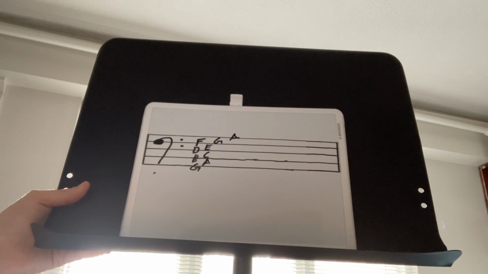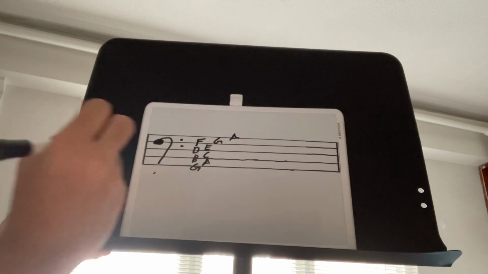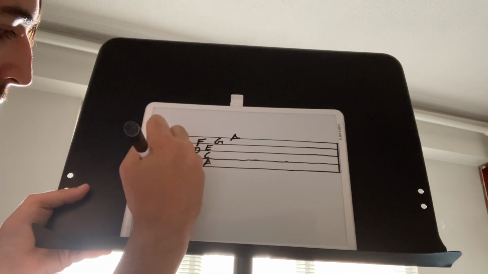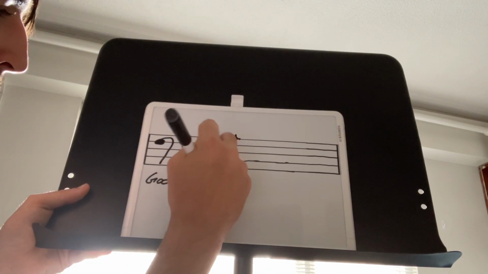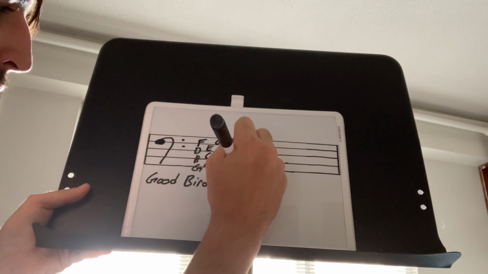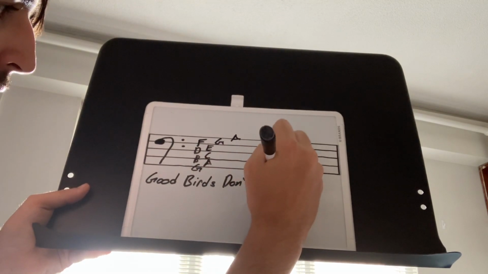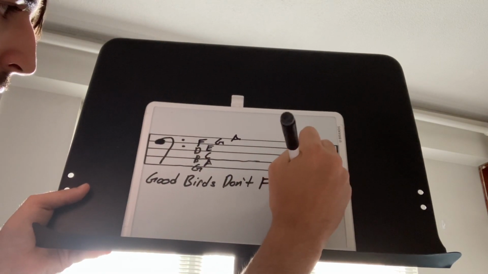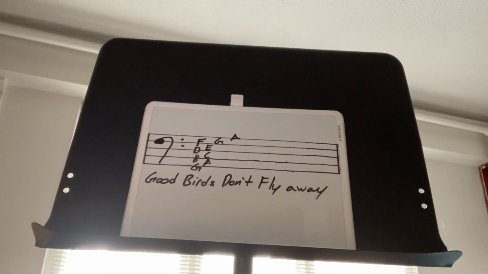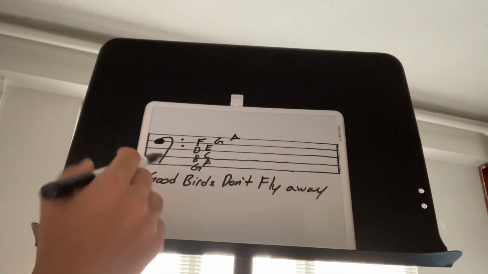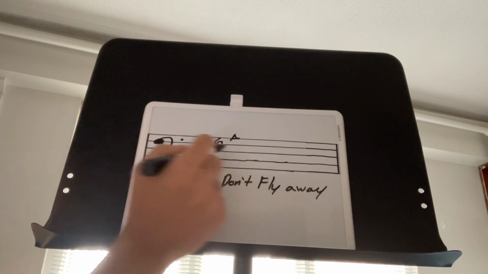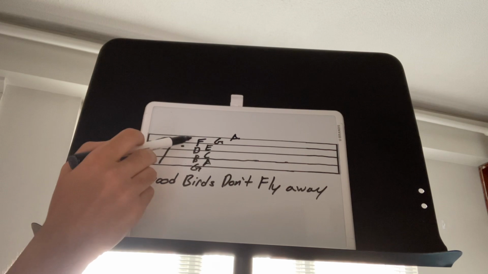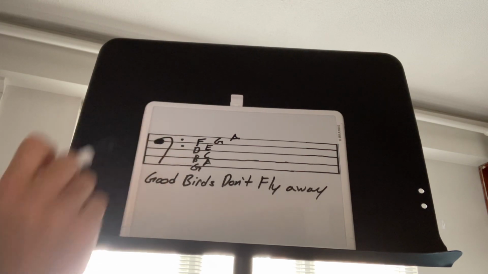What's the phrase I use? Oh, okay. Good birds don't fly away. Now, with this acronym, you can assign G to the bottom line, B to the second line, D to the third line, F to the fourth line, and A to the fifth line.